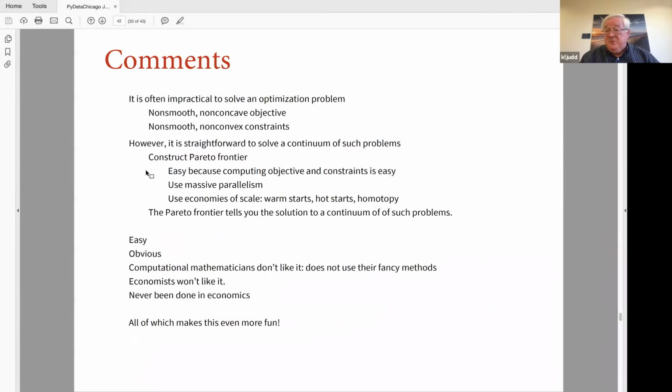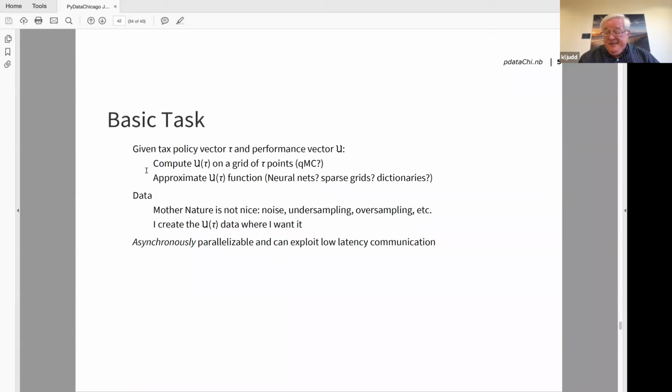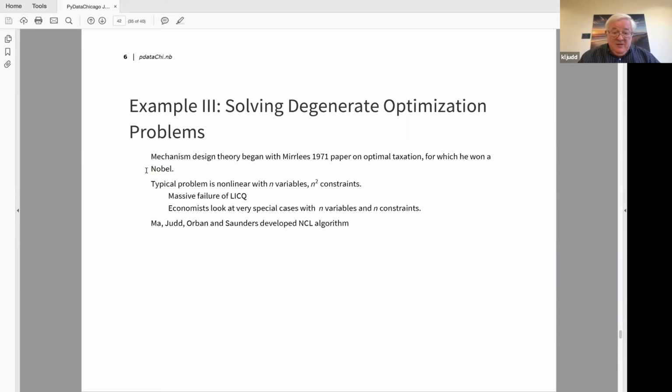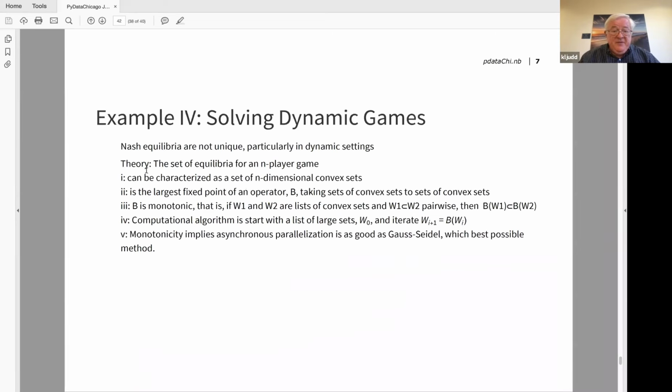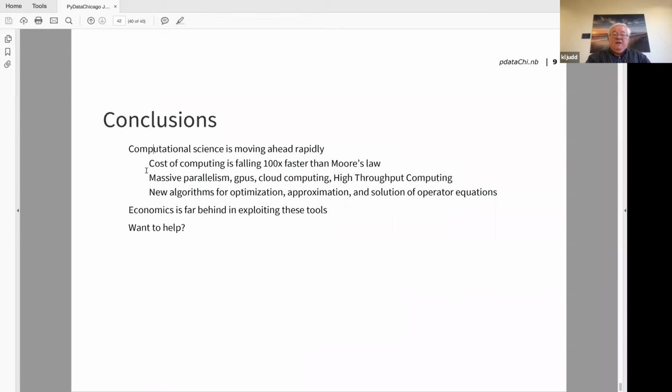The other stuff was mostly Fortran, but that's because we started 10 years ago, before Python was even around. There's new software like Python to use. I use Mathematica a lot. So the range of software tools has exploded. Algorithms have exploded in terms of variety and power, and economics is not using it.